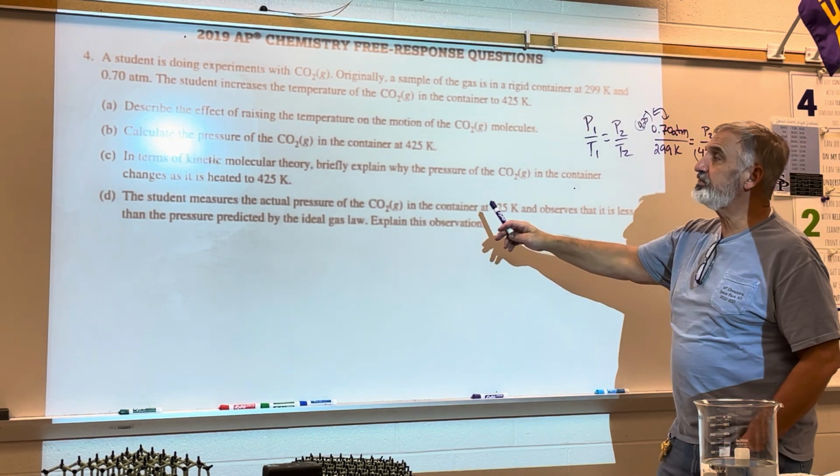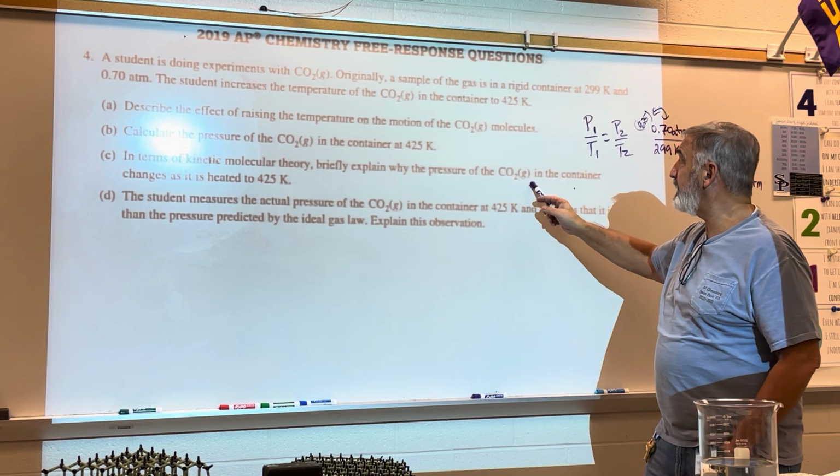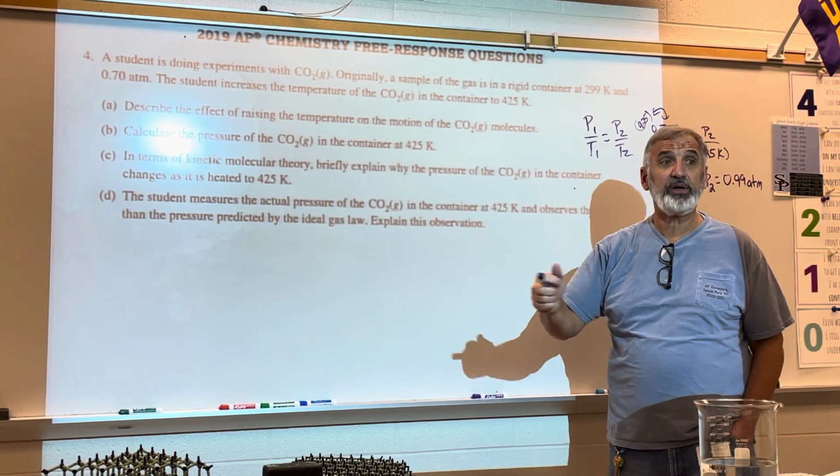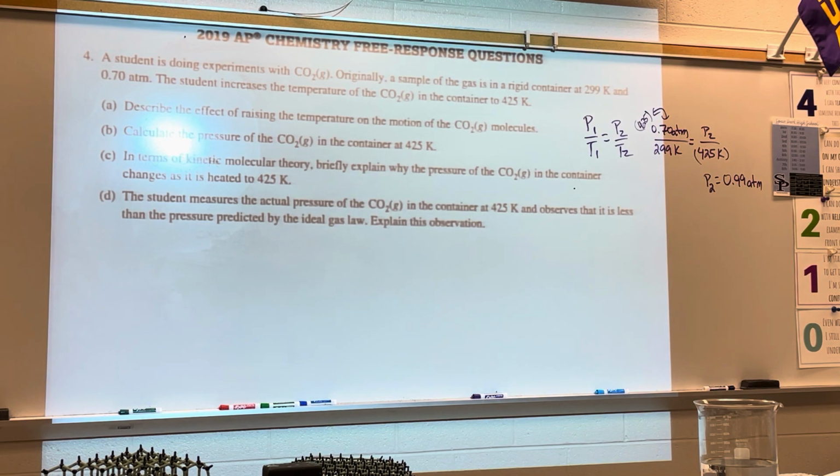Okay, so in terms of kinetic molecular theory, what we talked about yesterday: briefly explain why the pressure in the CO2 changes. Well, what causes pressure? Collisions with the container wall. Why does increasing the temperature increase the pressure? Because the molecules are moving faster, so they hit more frequently and hit with more energy.